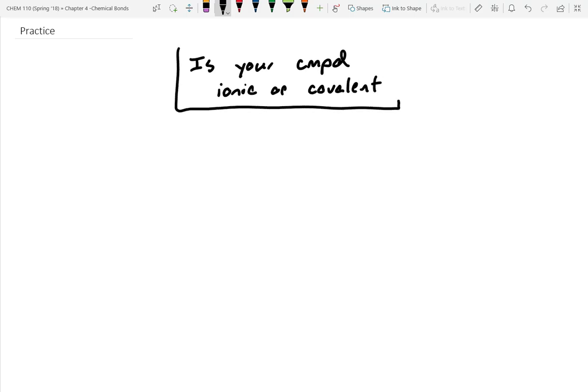And how can we determine whether or not an ion's ionic or covalent? Who remembers? Yeah, typically covalent compounds are only nonmetals, right? They're only nonmetals, and you can't have any of those polyatomic ions. So let's kind of make a chart here.